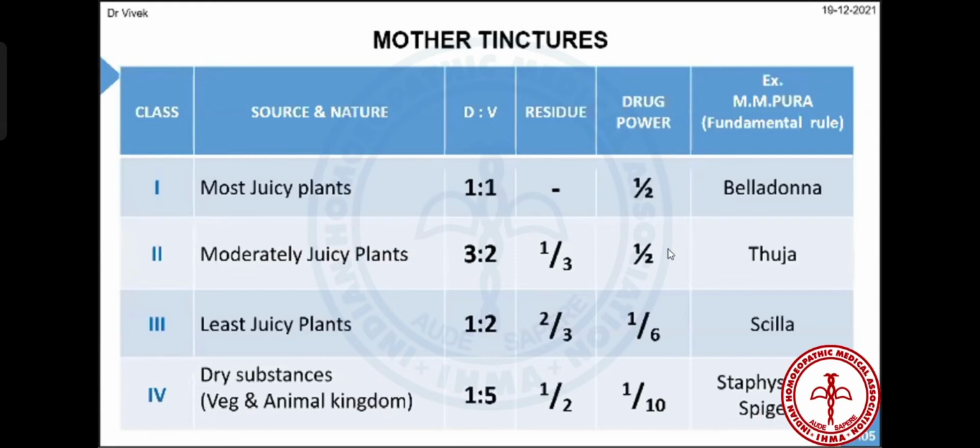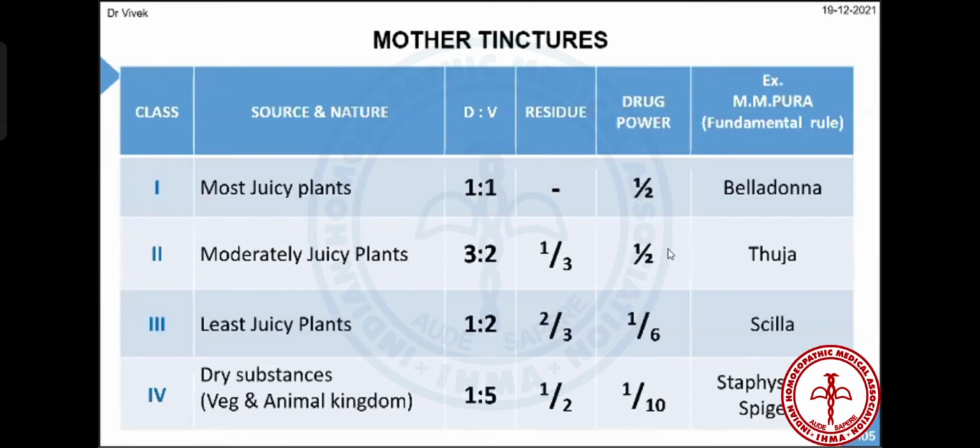Mostly they are European plants. Class 1 is mostly European plants, and it is noted that they are non-mucilaginous plants and do not contain resins, terpenes or volatile oils.